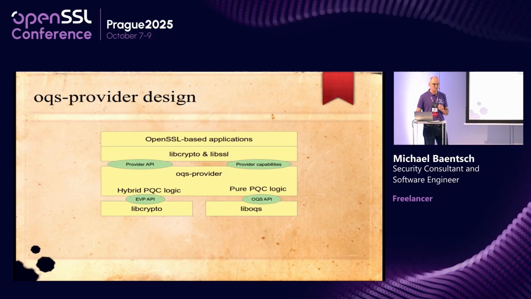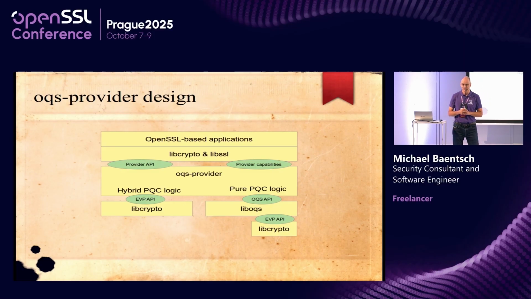And to make matters even more interesting, liboqs also uses libcrypto, for example, for randomness generation. And this picture shows you basically the most interesting thing, or the reason why I'm actually here and giving this presentation. This is pretty strange or unique, if you allow that statement.